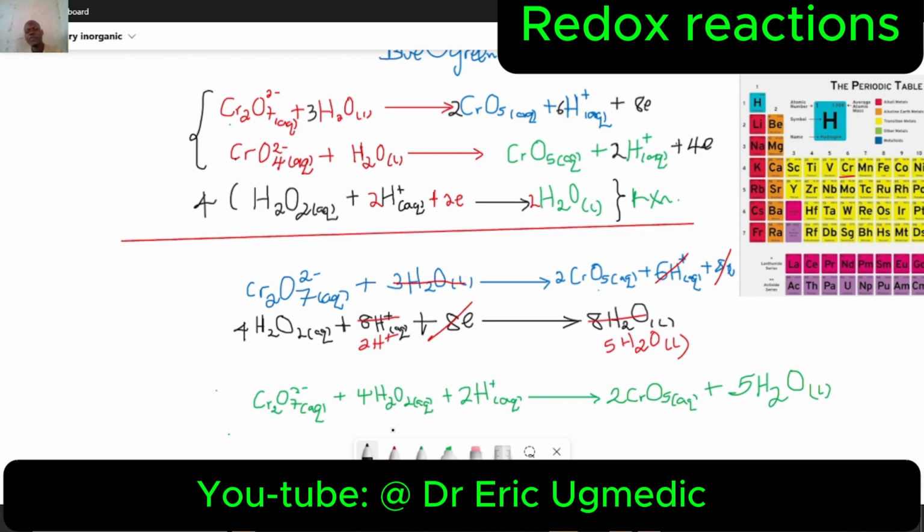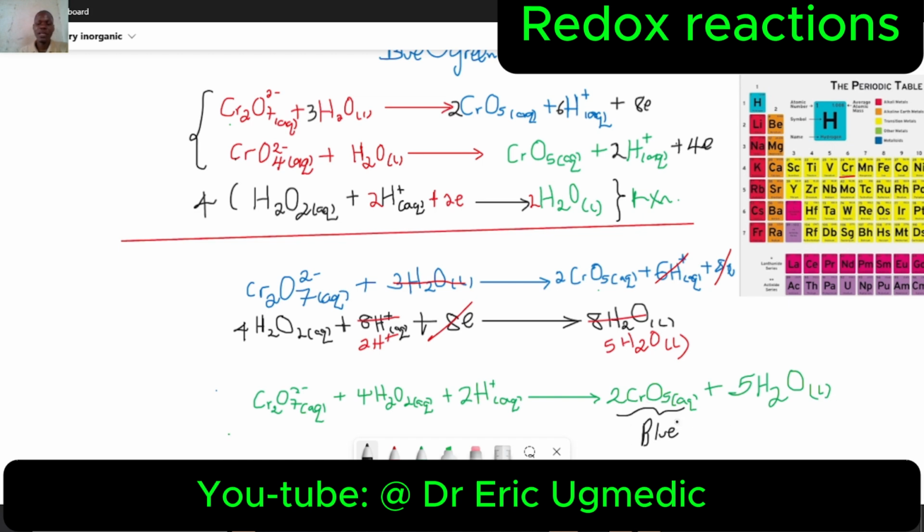So what will be the observation? The observation is that the orange solution will turn blue. But if we add the organic solvent, let's say butan-1-ol, it will keep this solution blue. But if it's not added, you can go and tell the examiner that the blue solution will later turn green on standing.